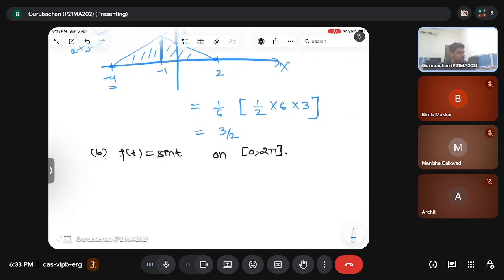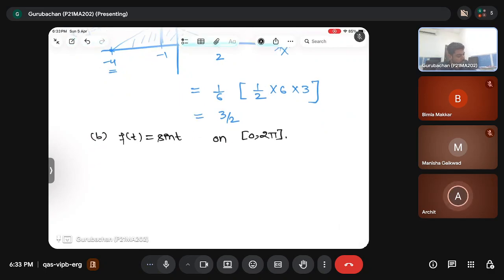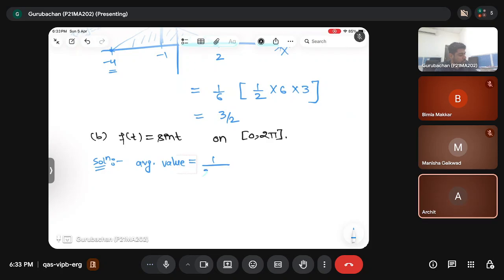What about this one? So obviously, 0, sir. Why? Because the total area will be 0, sir. How?